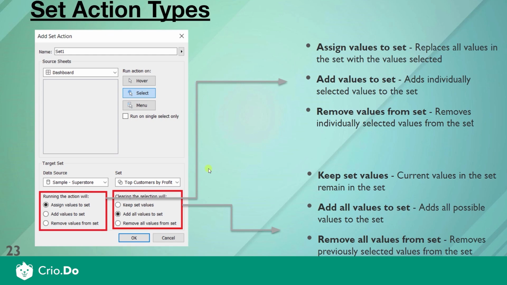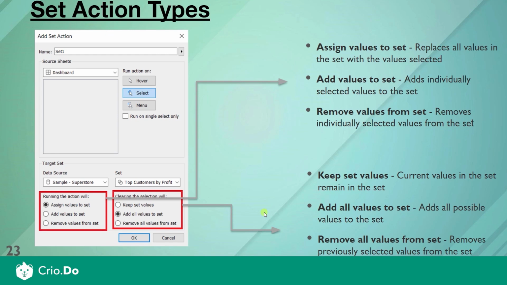For the clearing option, we have three values: keep set values, add all values to the set, and remove all values from the set. Assign values to the set replaces all the values inside the set with the values selected. We will see how that works. It replaces whatever values you have and sets the inside values to whatever you selected.